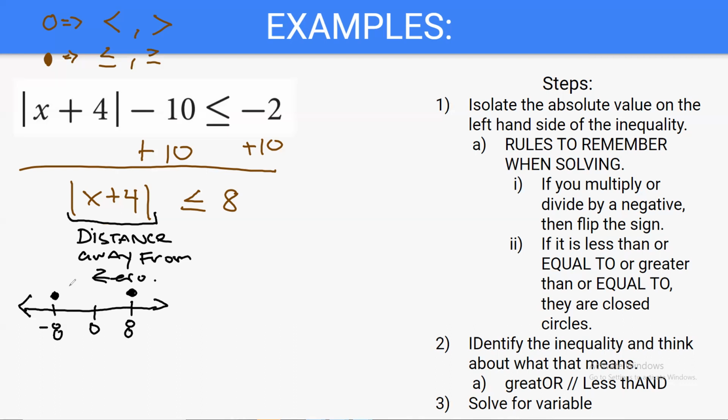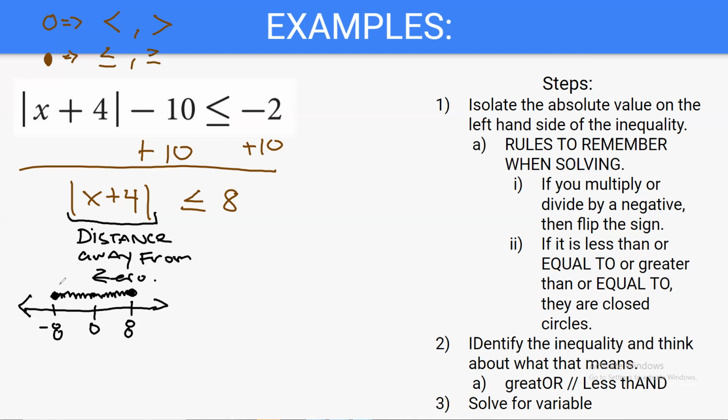And I want the distance away from 0 that is less than 8. Meaning 7, 6, 5, 4, 3, 2, 1, right? And then at -1, -2, -3, -4, -5, -6, -7, -8. Because all of those distances are less than 8.